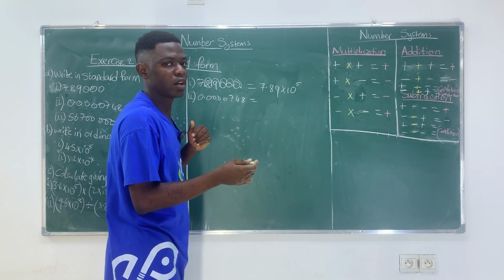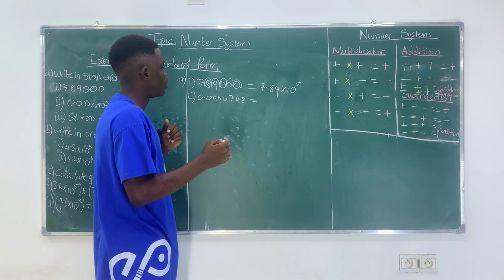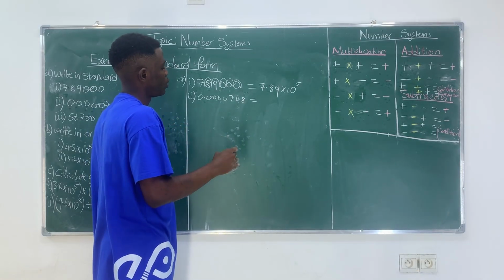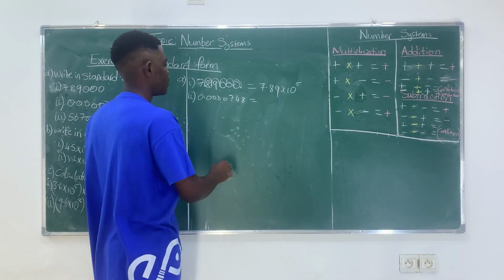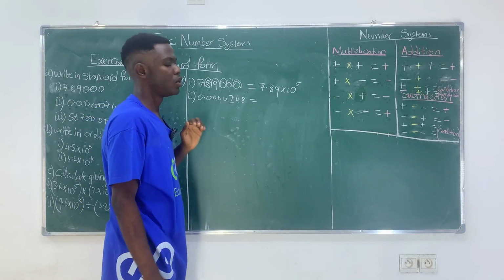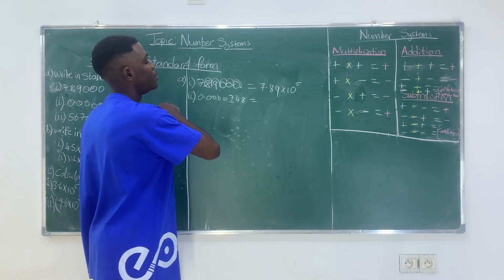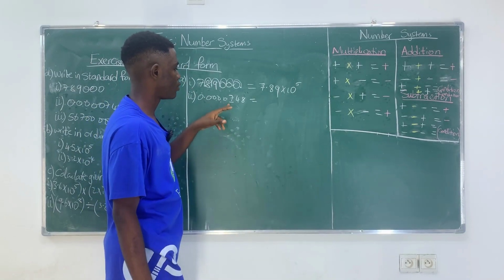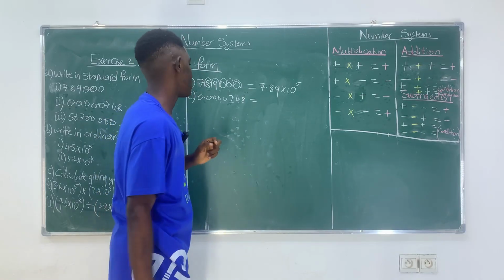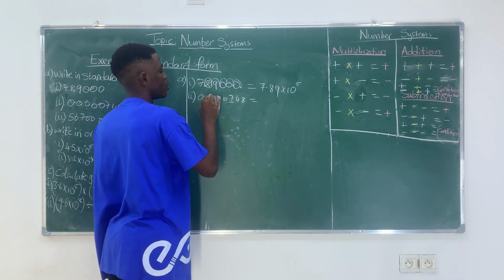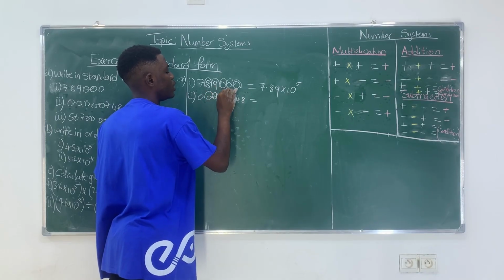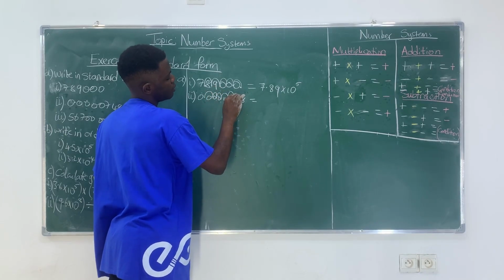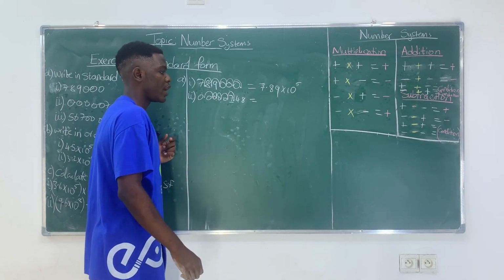We move it to the right until we see our first significant figure, which is 7. The first non-zero digit, I want to say. So we are going to shift it 1, 2, 3, 4, 5. We shifted it 5 times.